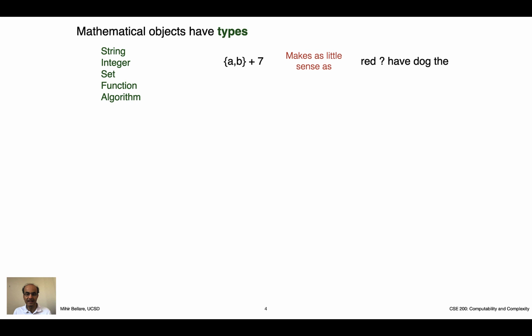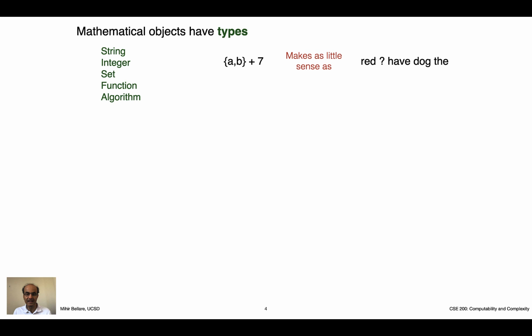So one element that's a starting point is type checking. From a programming language, you know that objects have types, so something can be of type integer or type string or so forth. Well, mathematics is no different. Strings, integers, sets, functions, algorithms are types of objects.